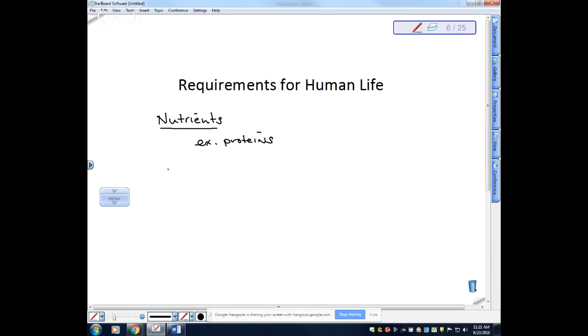We also need oxygen. And the reason why we need oxygen, it's a very interesting reason, is that it is how we obtain energy. We have a type of chemical reaction, a metabolism, in our body that is called cellular respiration.